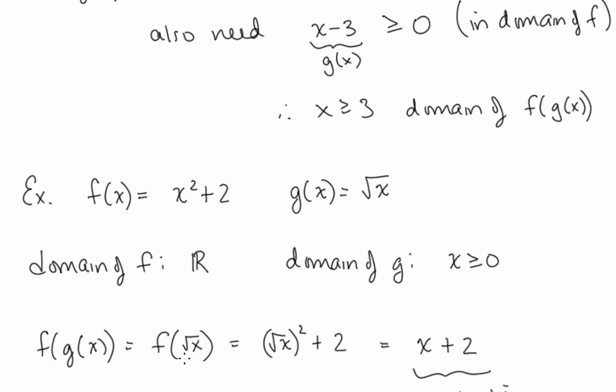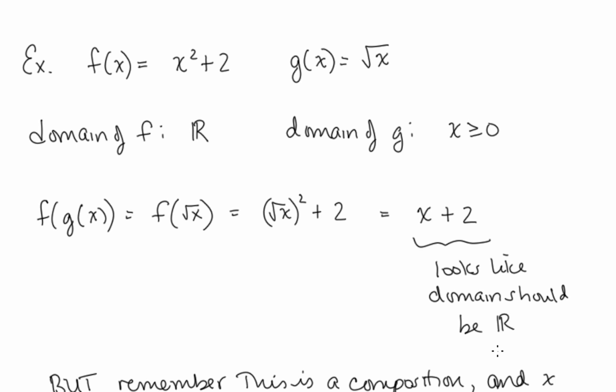This is f of radical x, so that's radical x quantity squared plus 2, and that simplifies to x plus 2. Now, when we look at this x plus 2, it looks like the domain should be all reals. But be careful, this function is a composition function, and we have to be sure that the x values we plug in here can first plug into g.